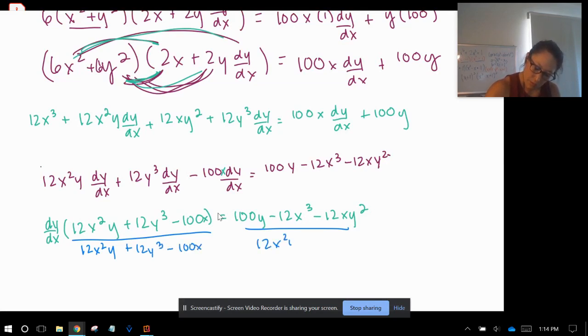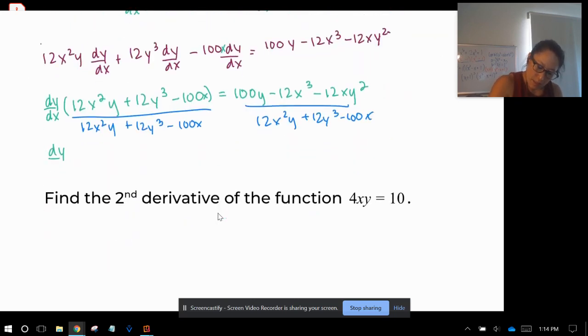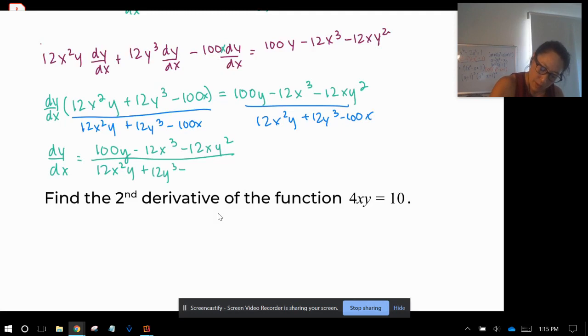So I get dy dx is equal to 100y minus 12x cubed minus 12xy squared all over 12x squared y plus 12y cubed minus 100x.